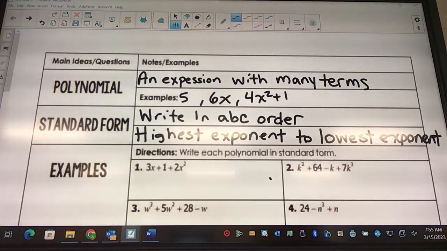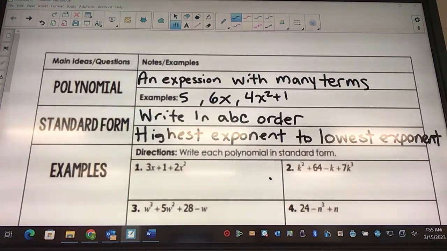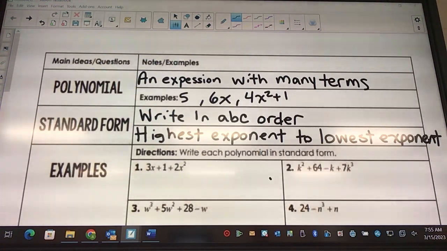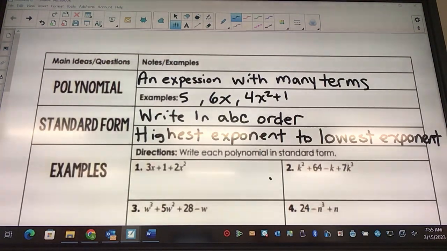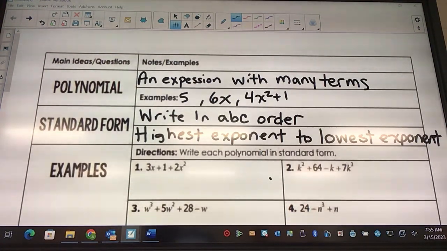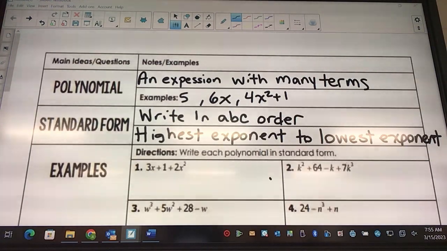So when we're listing them, if you look at the 4x squared plus 1, the x squared has to go first. So you would write 4x squared plus 2x, because x has the power of 1, and then no number. So you always do highest exponent, like x to the 8th, then x to the 7th, then x to the 6th, then x to the 5th, x to the 4th.